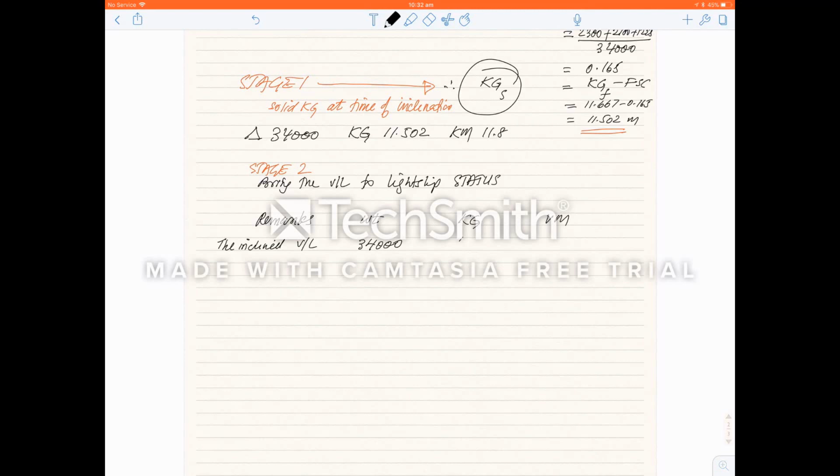KG 11.502. Vertical moments, which means you multiply.